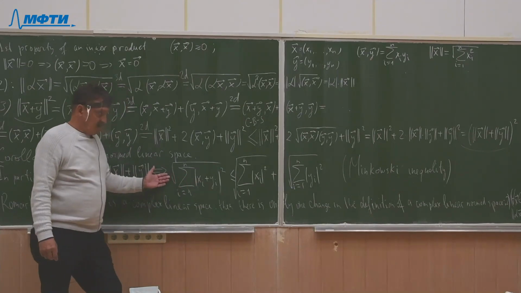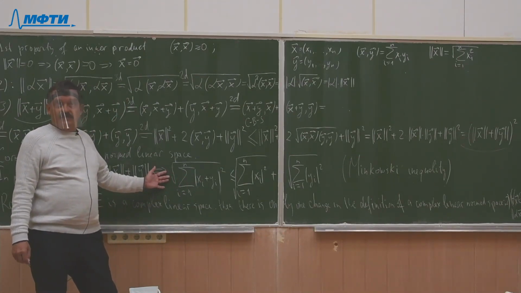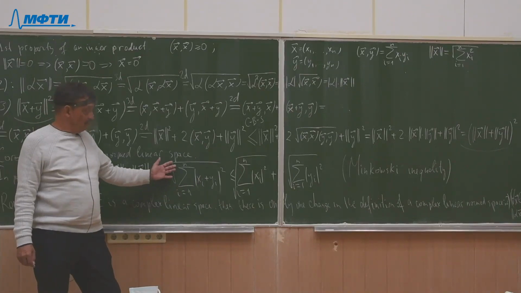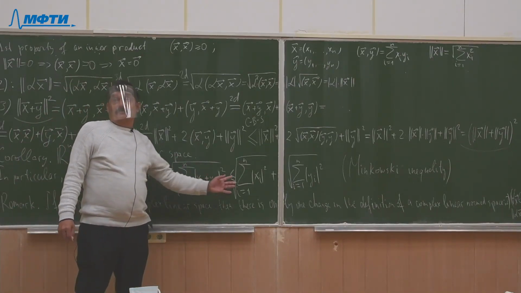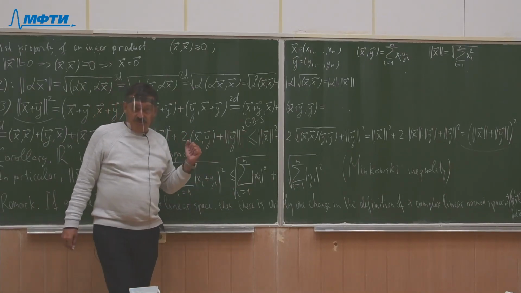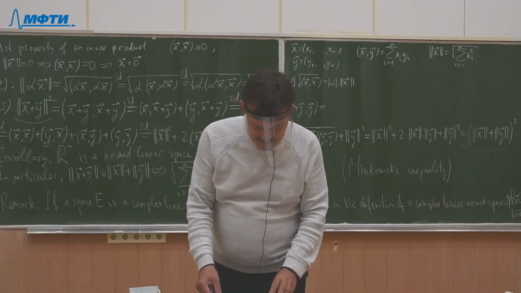And you see here in this inequality, nothing about spaces and so on. That is just an inequality for numbers. And this inequality is valid not only for real numbers but also for complex numbers, right? As we checked.